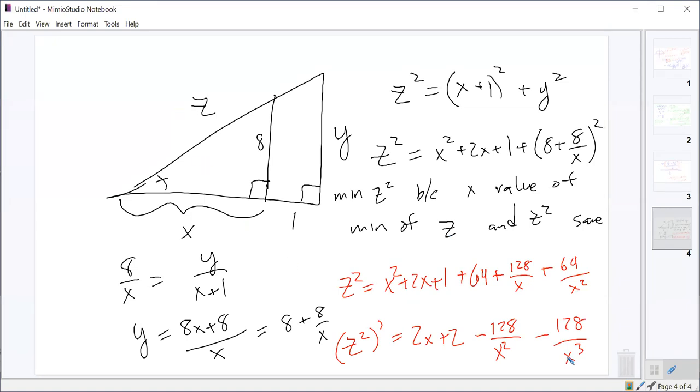So it's undefined when X is 0, which isn't going to make a lot of sense because then my ladder would have to be straight up and down against the fence, and that's not going to reach the building. So to figure out when it's equal to 0, we'll get a common denominator.